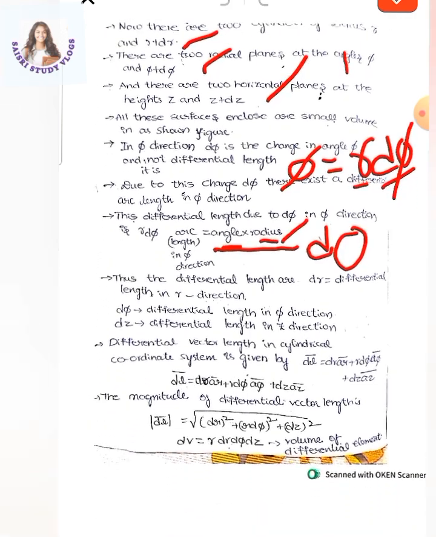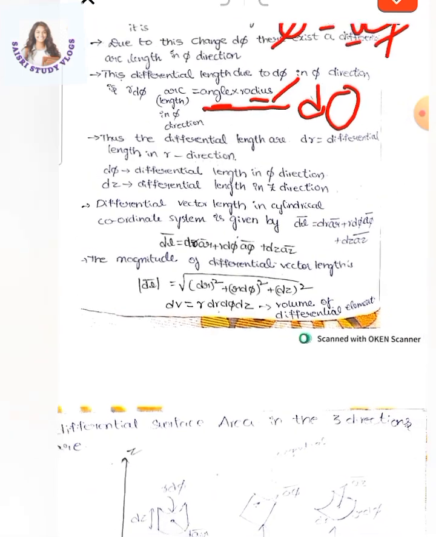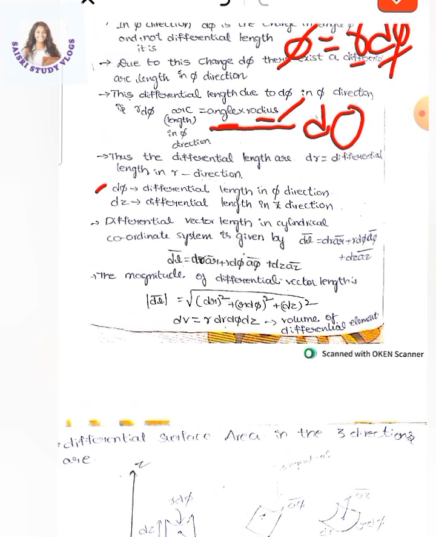So now let us see. r d phi is the differential length in phi direction, dz is differential length in z direction, and dr is the differential length in the r direction. So what is the formula? Previously we have seen dl bar is equal to dx ax cap plus dy ay cap plus dz az cap.